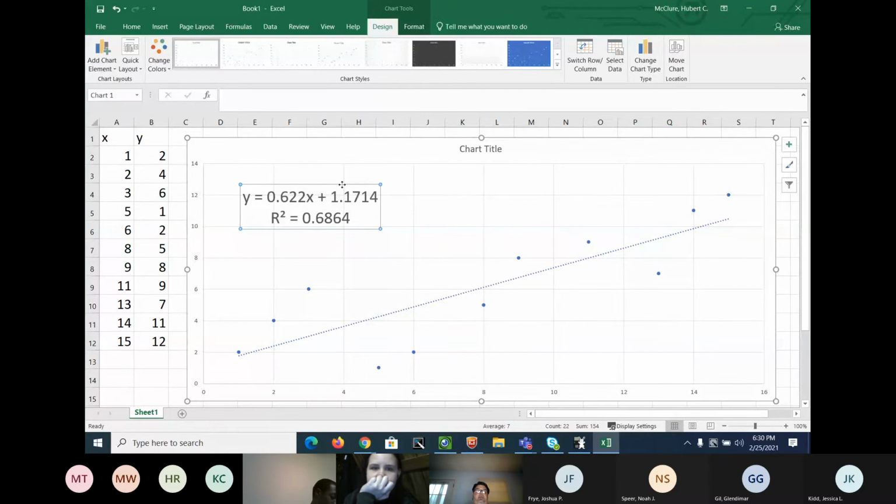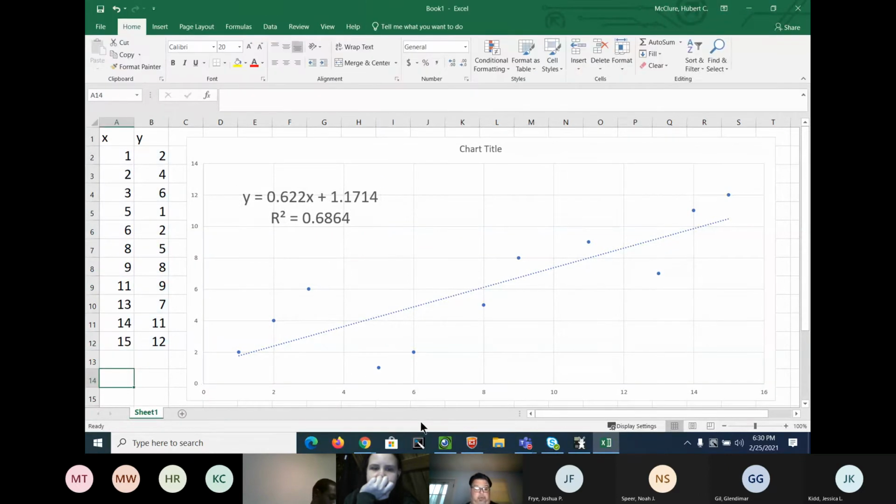I'm going to put down here, R is equal to. And what if I want to find R? What am I going to do to that 0.6864?